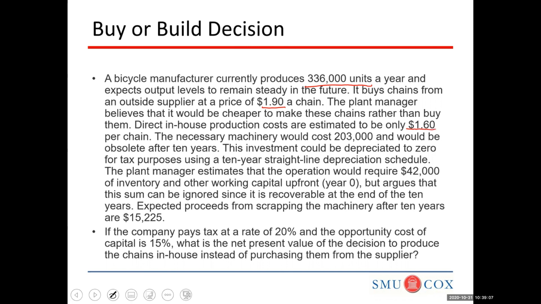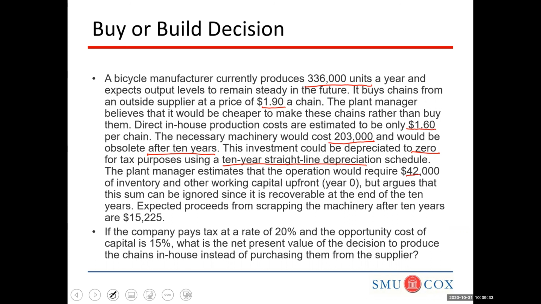But to do it cheaper in-house, they have to invest 203,000 into a machine that will last 10 years. It'll become obsolete after that. So the investment could be depreciated to zero for tax purposes using a 10-year straight line depreciation schedule.